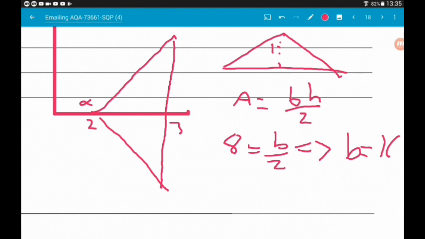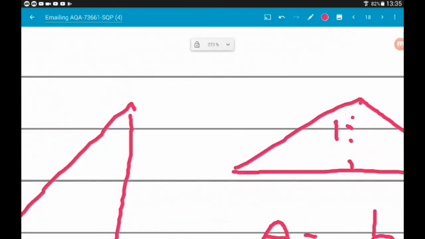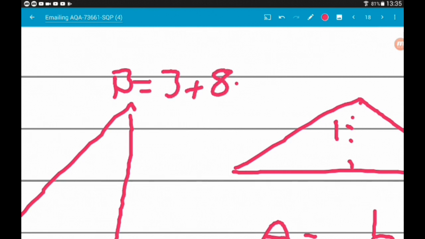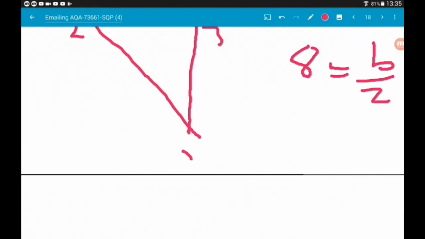Now, half of that length is going to be above the x-axis, half is going to be below. So that allows us to say beta can be 3 add 8i, and gamma can be 3 minus 8i. So now that we know our 3 roots, alpha, beta and gamma, we can work out c and d.